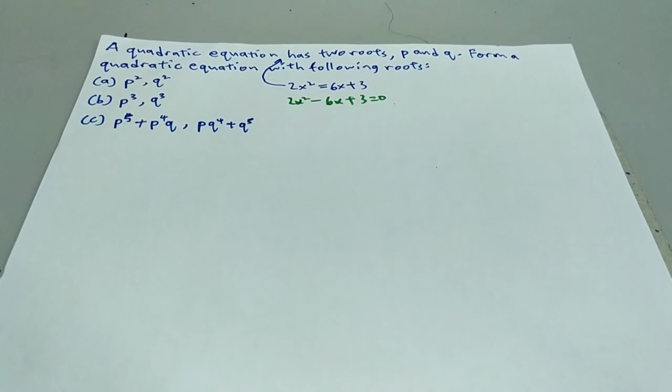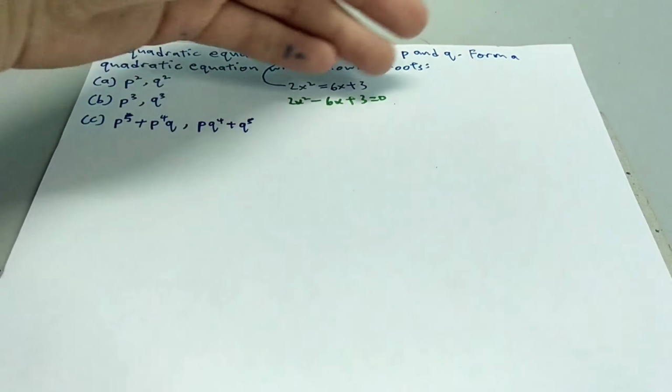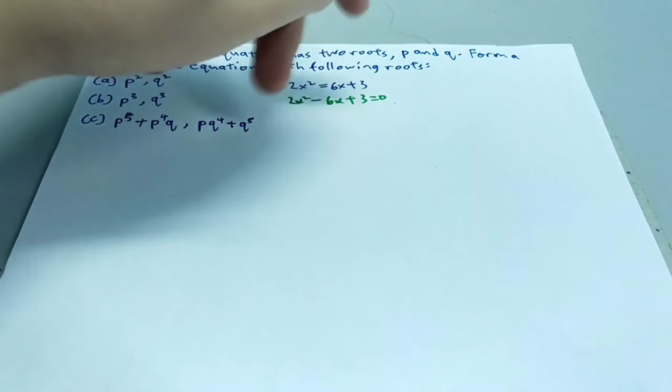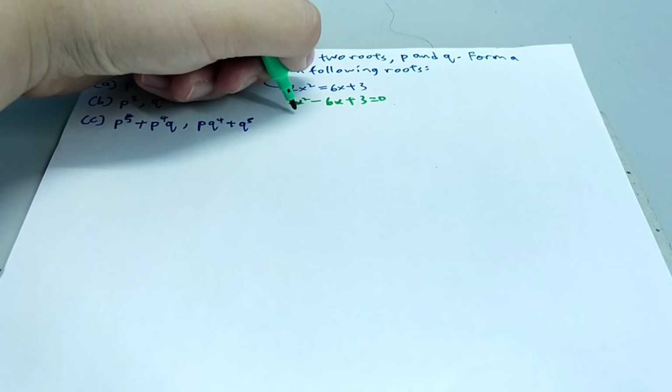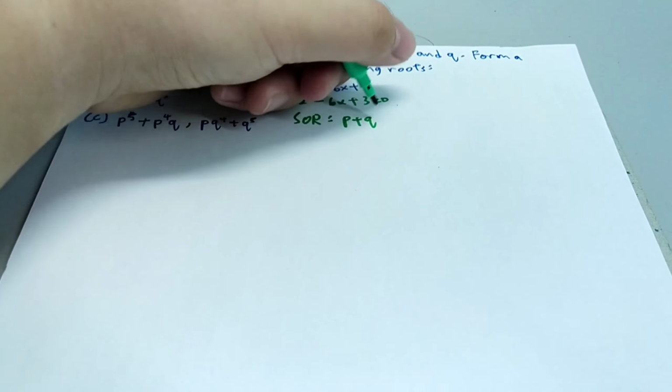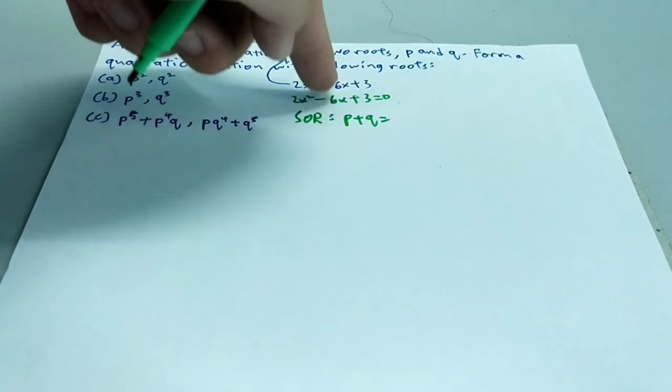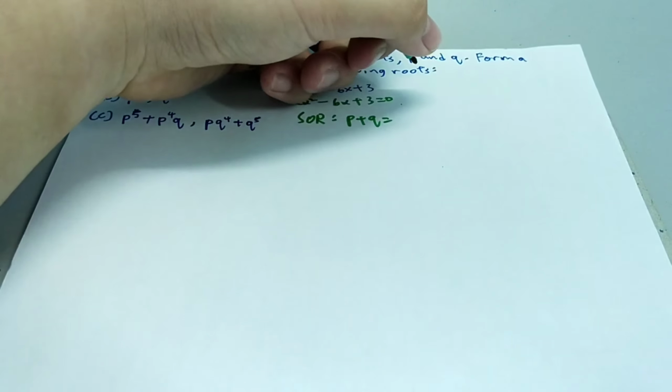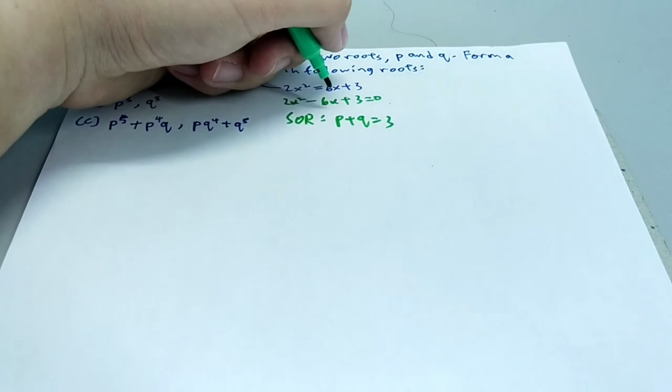And then we can find the sum of roots. From this quadratic equation, the sum of roots is p plus q, which is equal to 6 divided by 2, which is equal to 3.